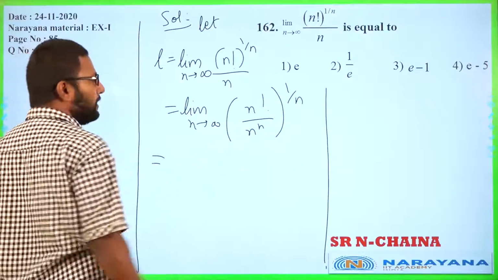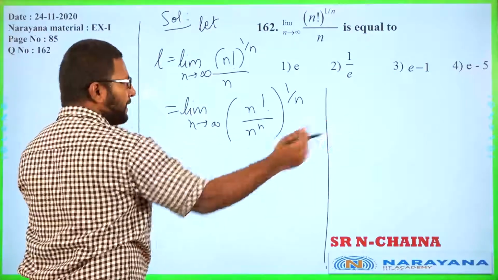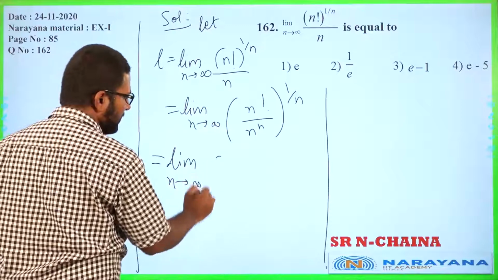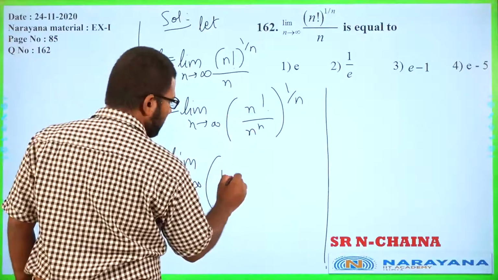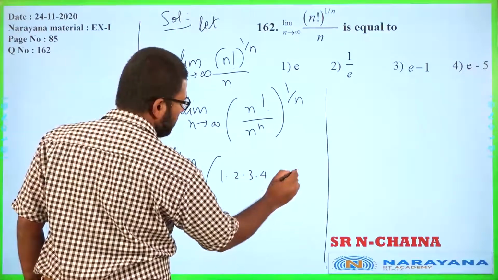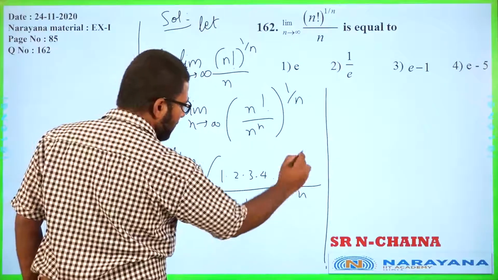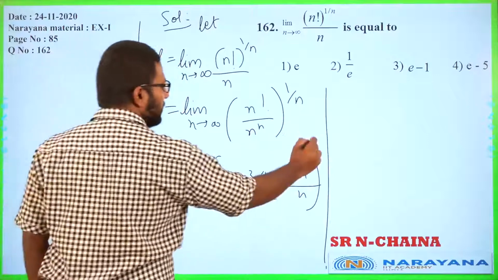Now, if this is not clear, better to try just expand it, see what it looks like as a product. So, limit n tends to infinity, I will write this as 1 into 2 into 3 into 4 all the way up to n upon n into n into n times, raised to 1 by n.